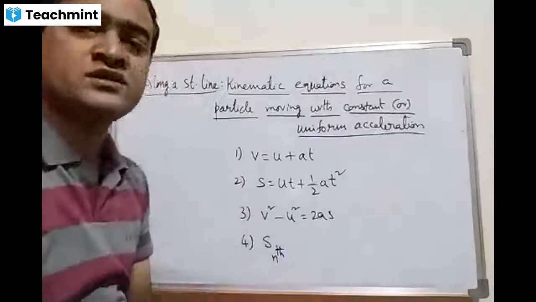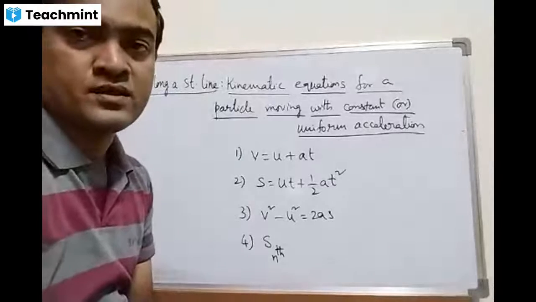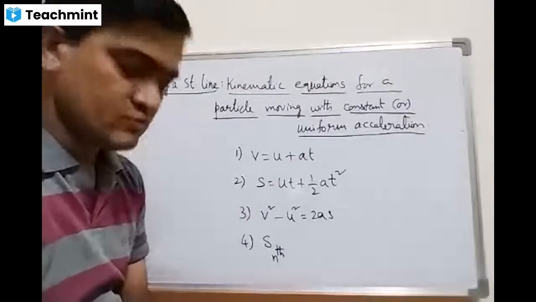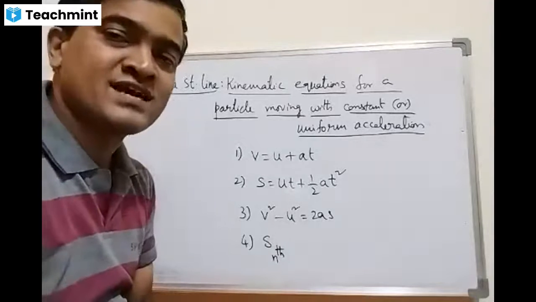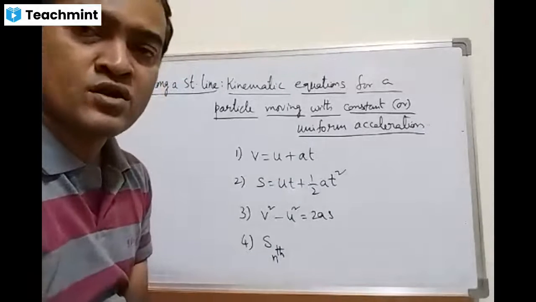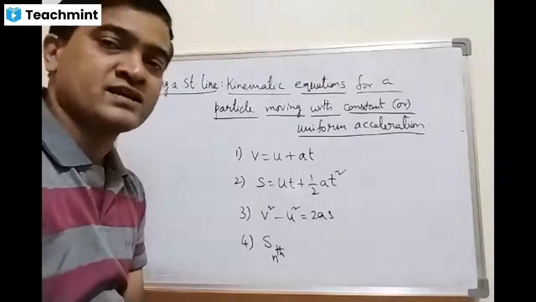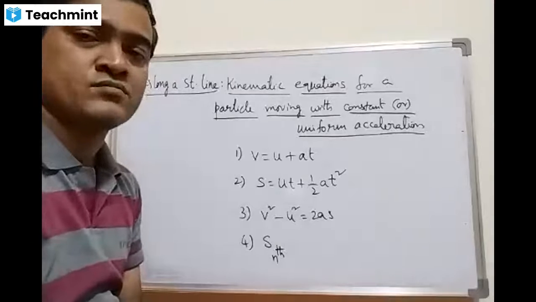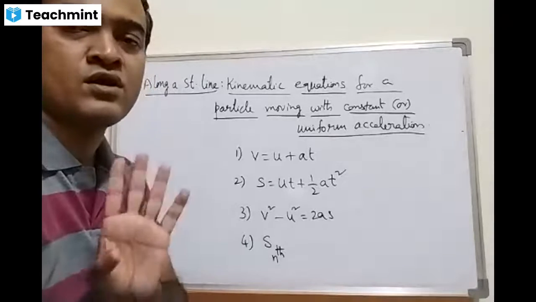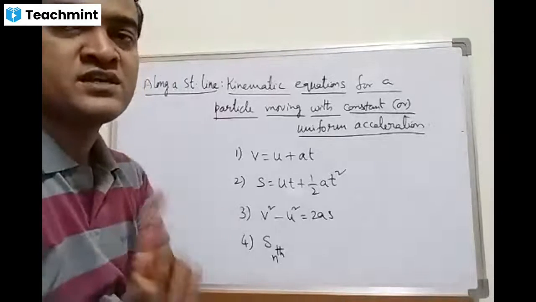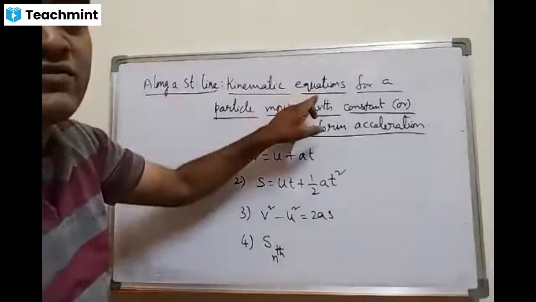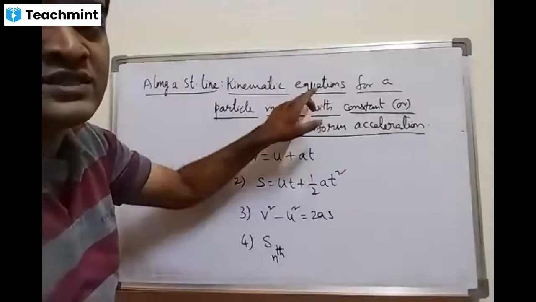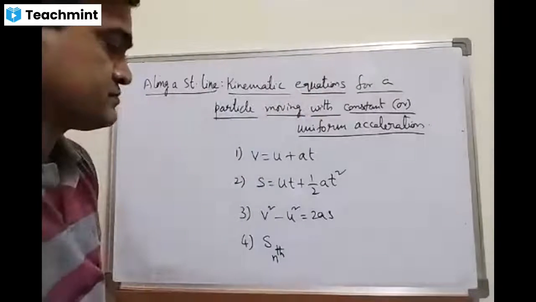Because here we are discussing 1D motion. One-dimensional motion is nothing but a particle can either move along x-axis or along y-axis or along z-axis. It can move only along one axis, that is, it has one dimension. So I am talking about these equations when the particle is moving along a straight line.